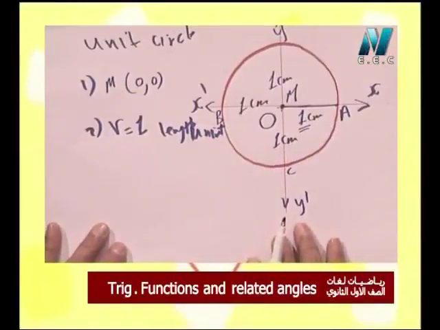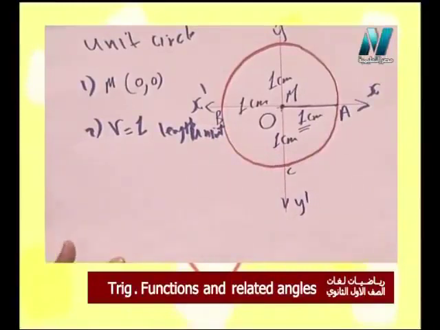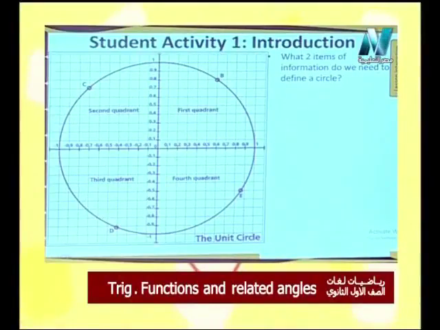The unit circle is very important for our studying, and try with me to look carefully at the slide here. Yes, we have a unit circle here. Look carefully at these numbers: 0.1, 0.2, 0.3, and 0.9, then 1. So its radius equals 1 unit, all radii are equal, and all of them equal 1 unit.